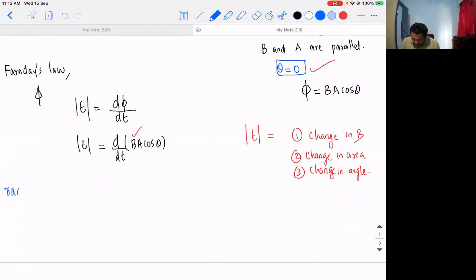The radius is shrinking at the rate of dr by dt. What that indicates is that the area is changing. So if area is changing, obviously the flux through this will change. The change in flux with respect to time is the EMF.